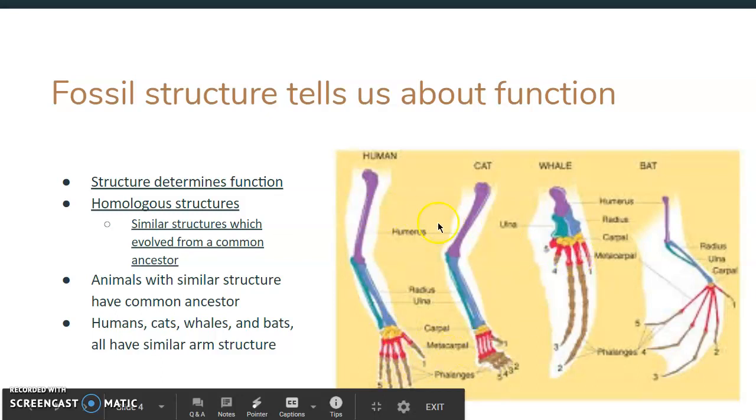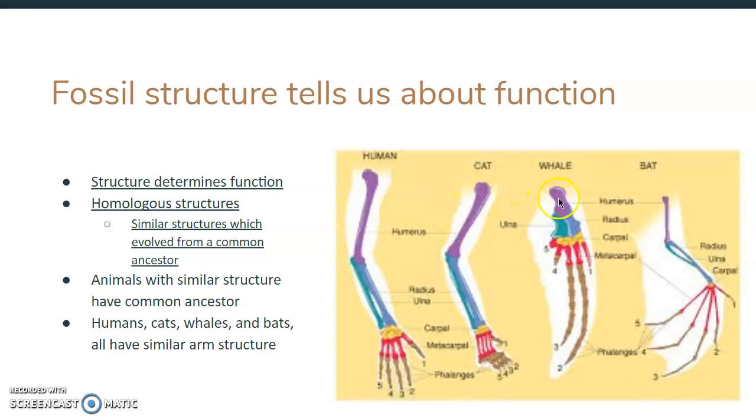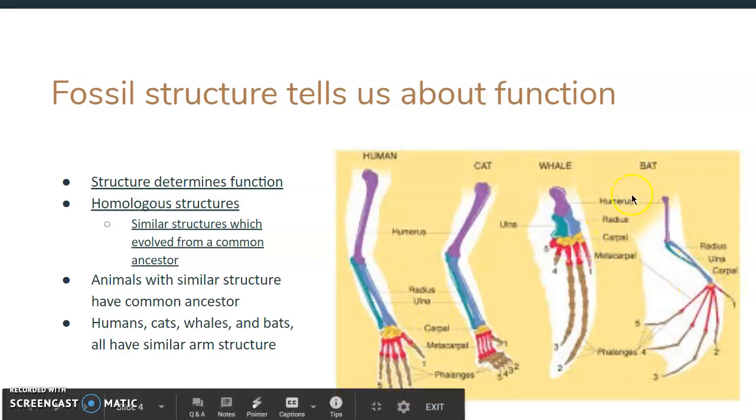Our cat and humans look very similar, but even when you look at the whale and the bat, you can still see a humerus, you can still see radius and ulna, you can still see wrist bones. They look a little bit different, but it's the same structure.